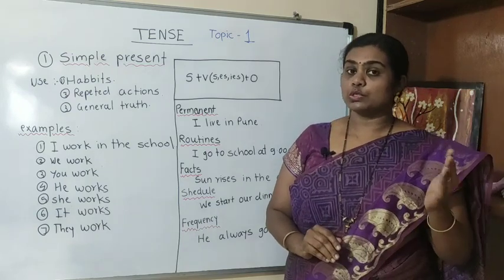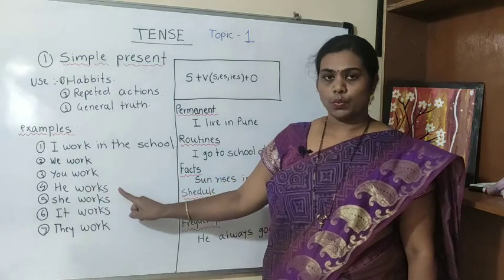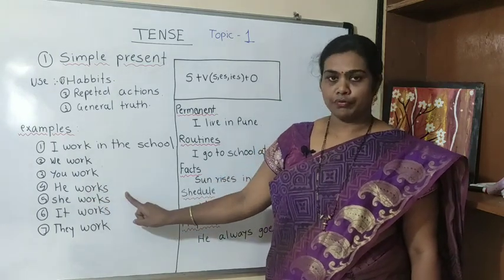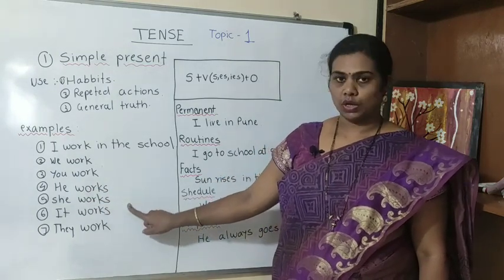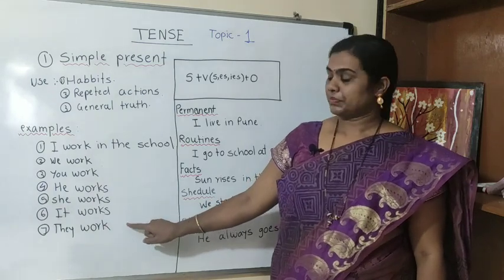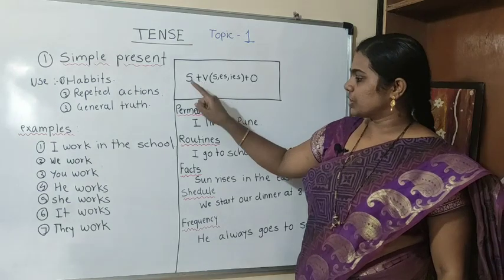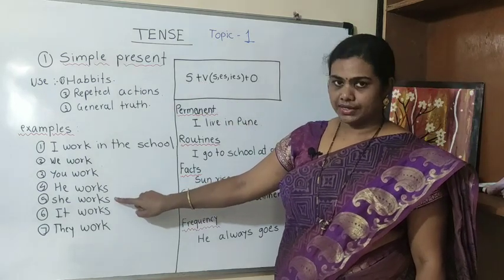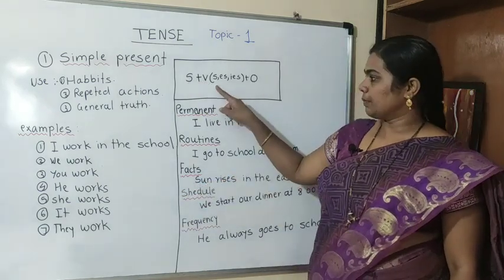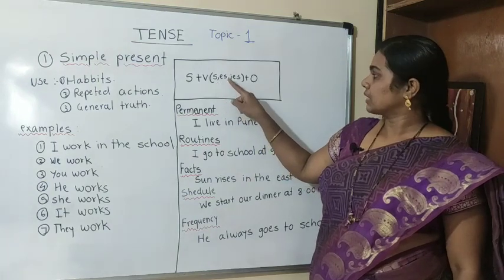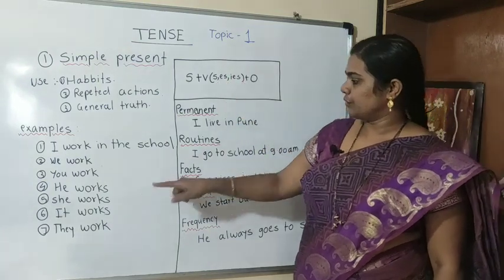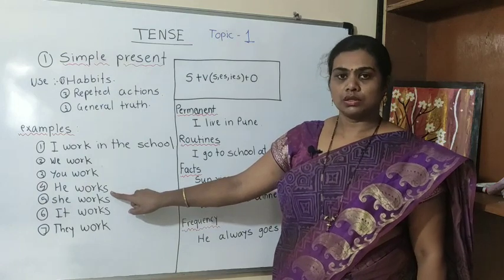But when it comes to he works, she works, it works, they work. That's why I have written that if the subject is he, she, it, then the verb might take s, es or is. We can put it afterwards on the verb.